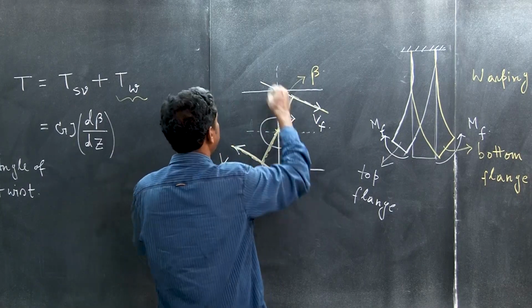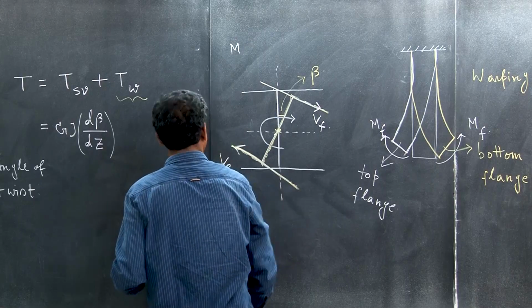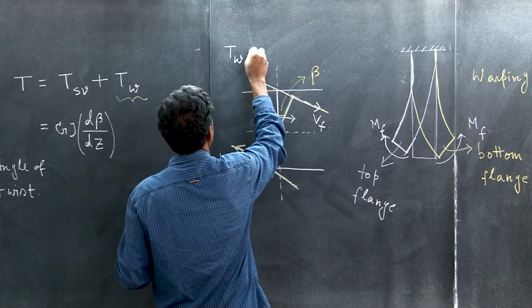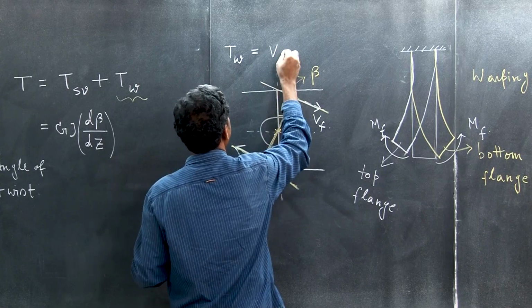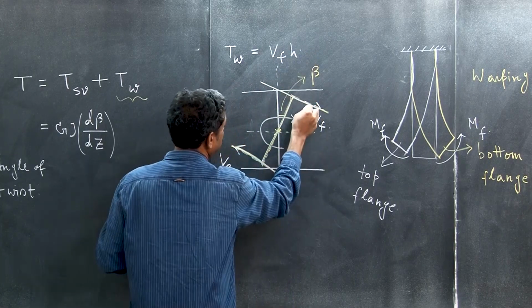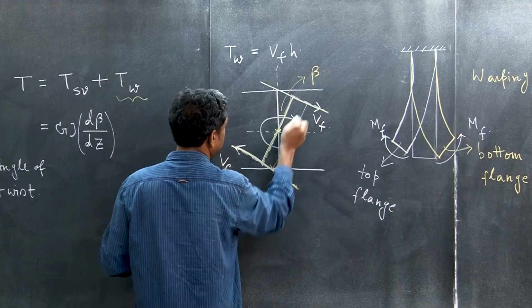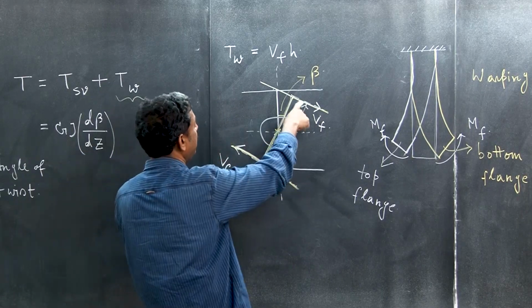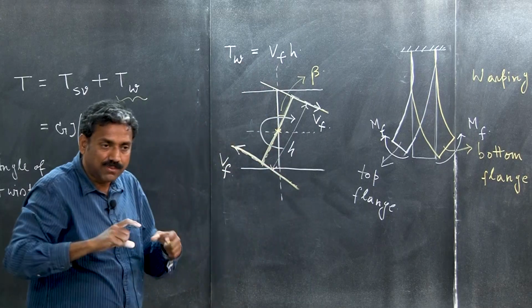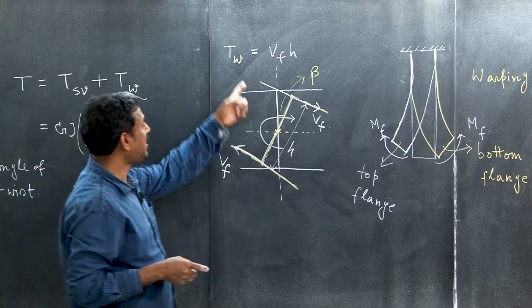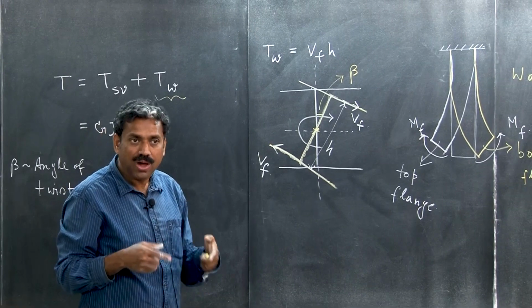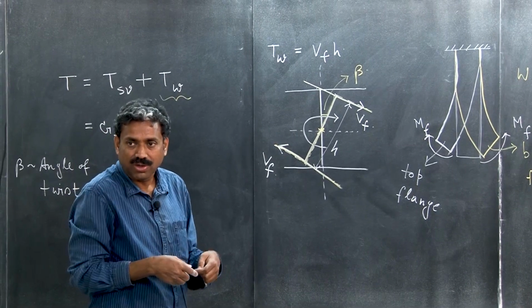Both of these are going to cause a counteracting twist, Tw, which is nothing but Vf into H. If we consider the depth of the web to be H, then H into Vf will be some component of twist, and that twist is nothing but the warping contribution to the torsion.